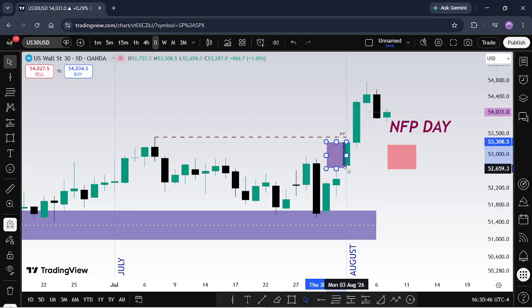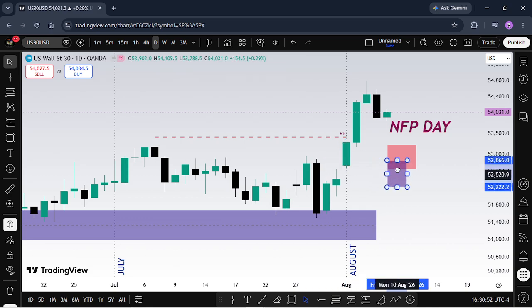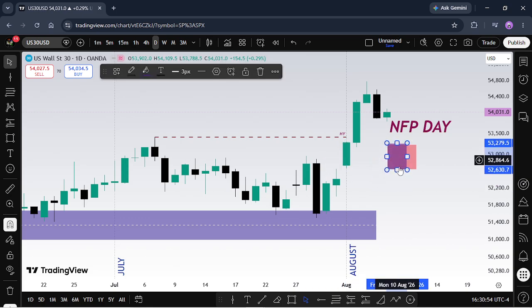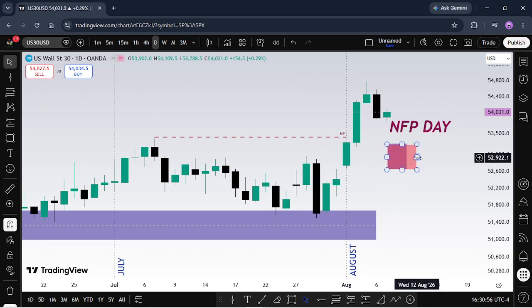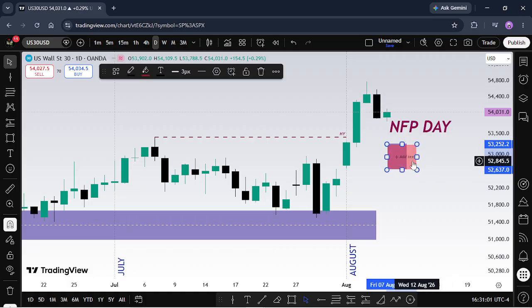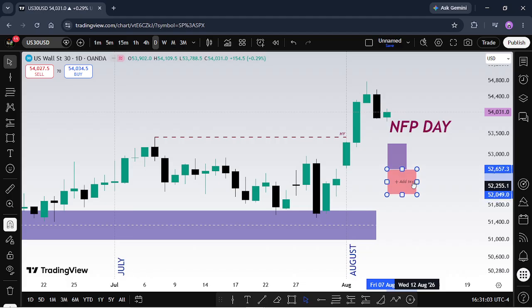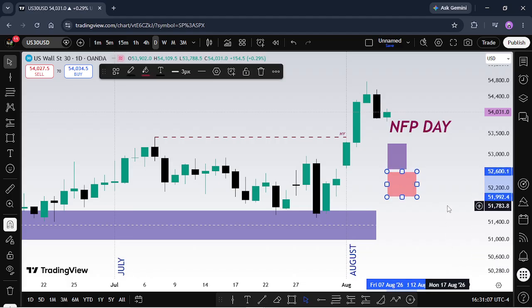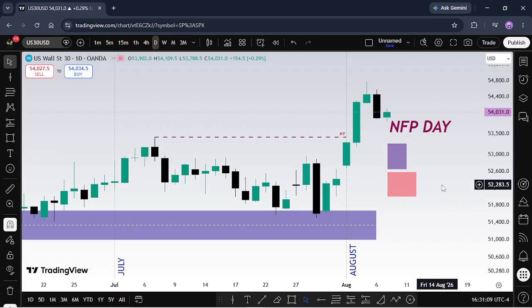I'm measuring the candle. This is gonna be my first time doing that, just so y'all know. Is it the same size? No, it doesn't look like it. Yeah, it doesn't look like it.